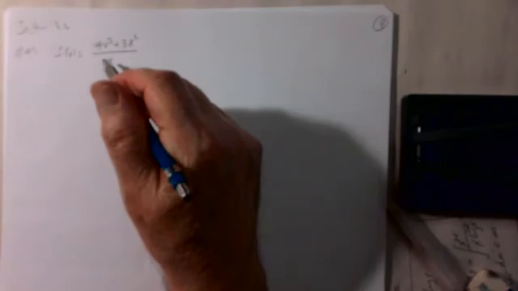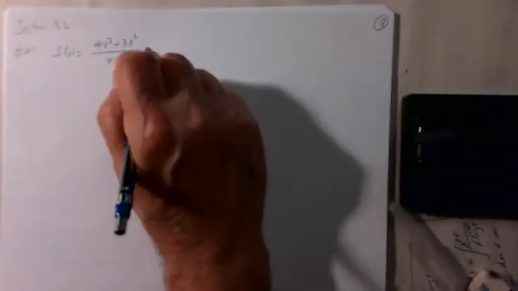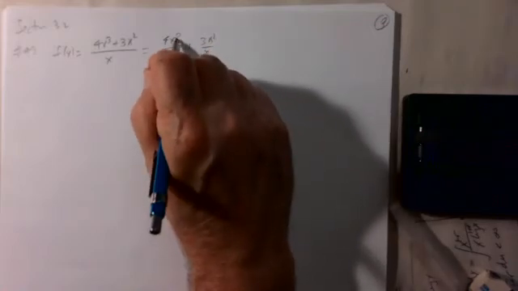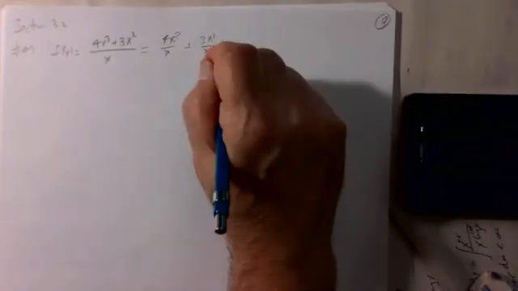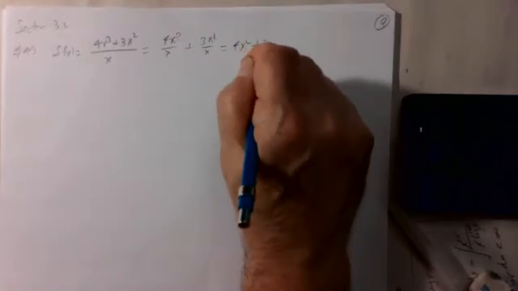Now, this looks hard because this is a quotient of two functions, and we haven't learned how to differentiate quotients. But you can see that you can simplify this. This is 4x cubed over x plus 3x squared over x. X cubed over x is x squared. And x squared over x is x.